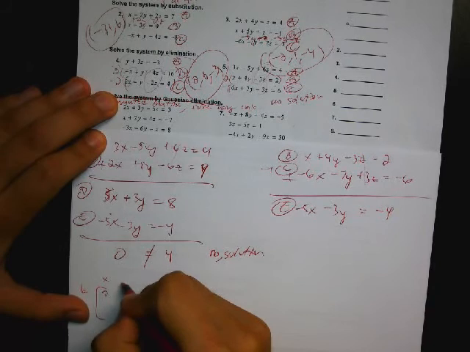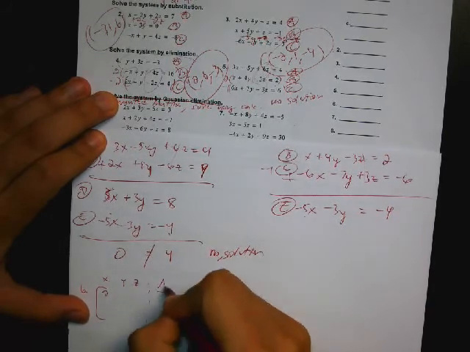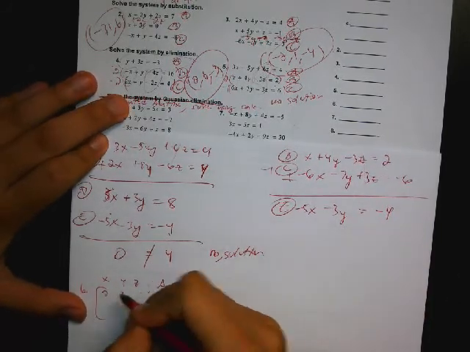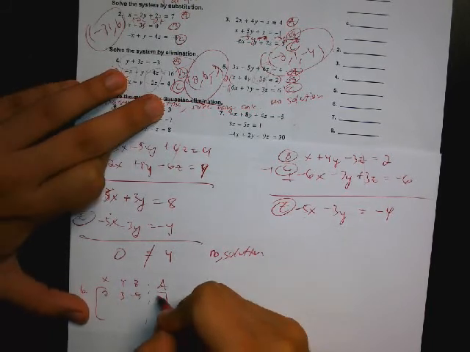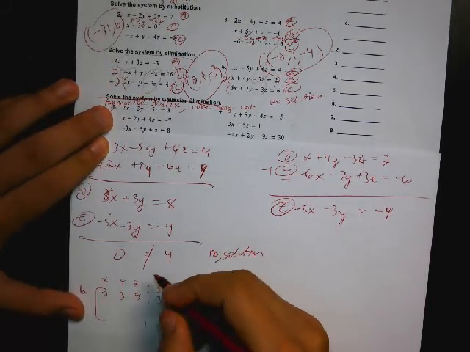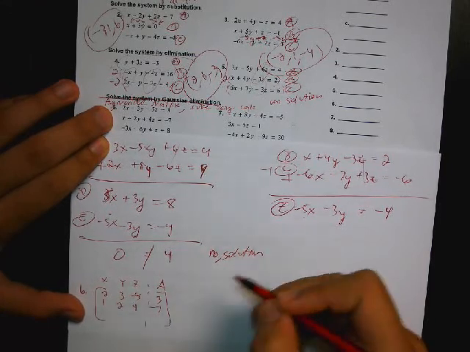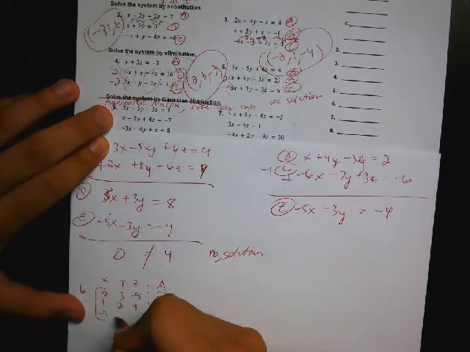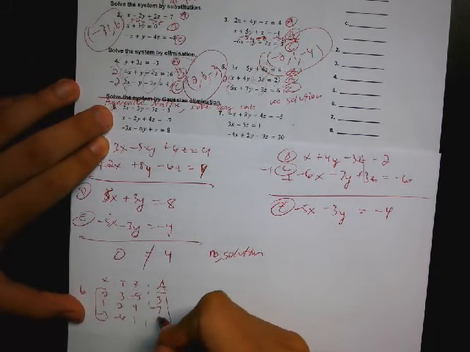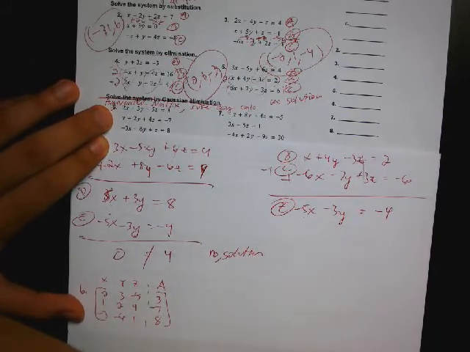So here I see 2, 3, negative 5, and then 3. Move on to my next row, that's 1, 2, 4, and negative 7, and negative 3, negative 6, 1, 8.